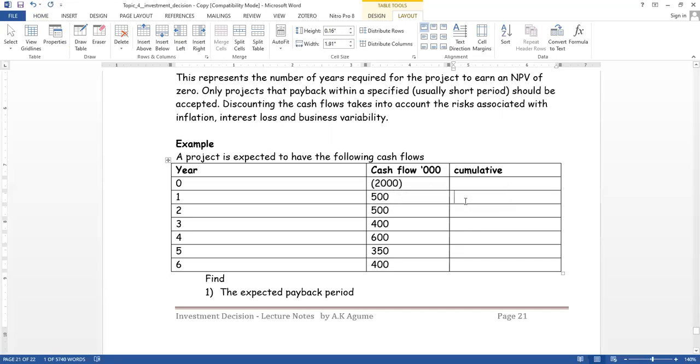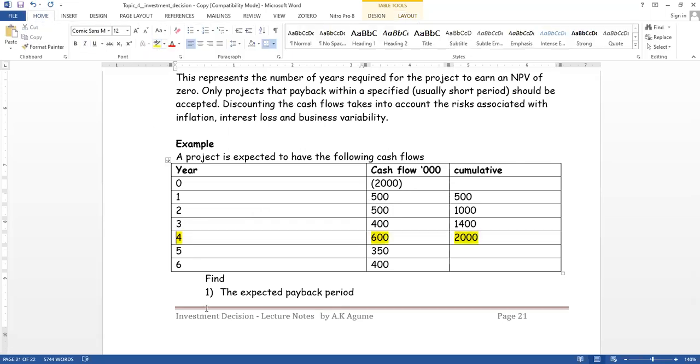So here I've got 500 in year 1. Here it is 1,000. Here 1,400. Then 2,000. Then 2,350. So basically now you can see that the expected payback here will be 4 years.